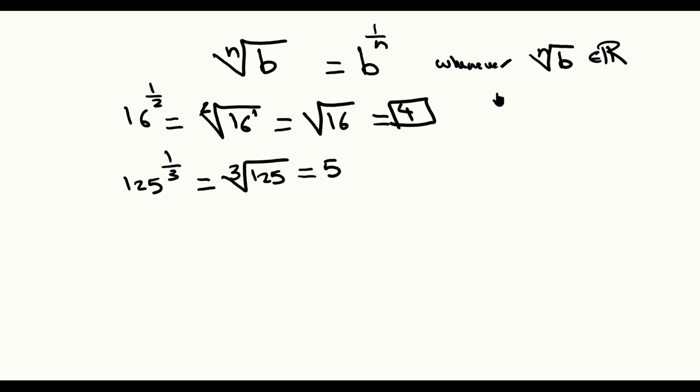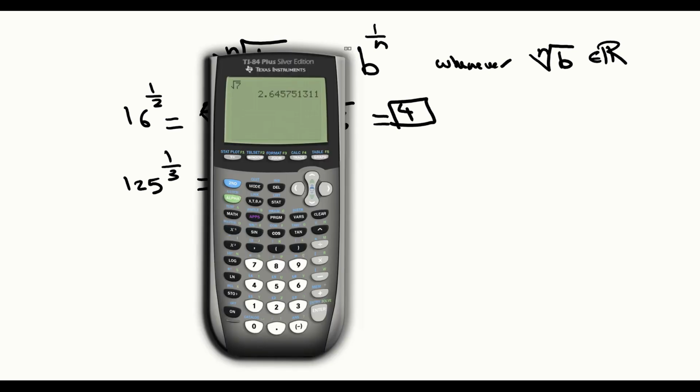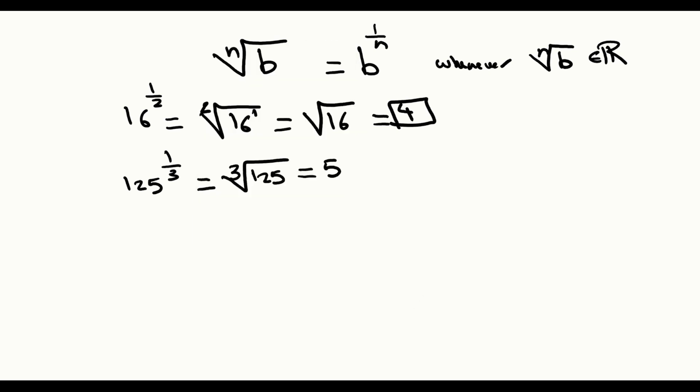So now, when it comes to negatives, you have to be slightly more careful. So for example, suppose that we want to calculate negative 81 to the power of 1/2. Now, notice here, the negative is not being raised to the power of 1/2.